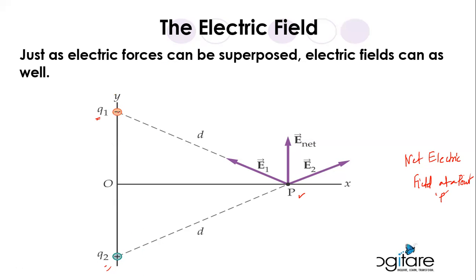In the vicinity of Q1 and Q2, you have taken some point P. P is a random point, and you want to calculate the electric field at point P. The question is, what is the electric field at a point P where there is a system of charges?